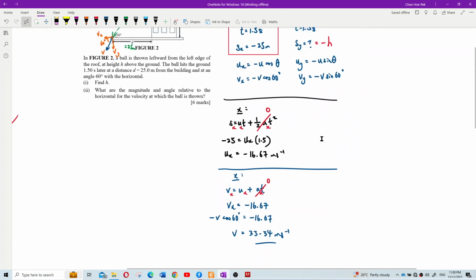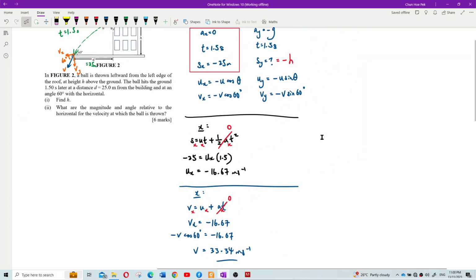Once I got my V, I can also find my Vy. So Vy will be equal to negative 33.34 times sine 60, so it's negative 28.87. I got my Vy also.